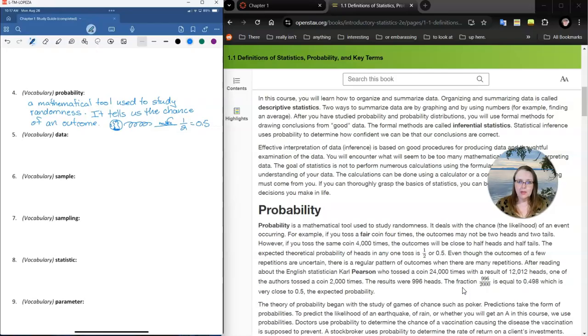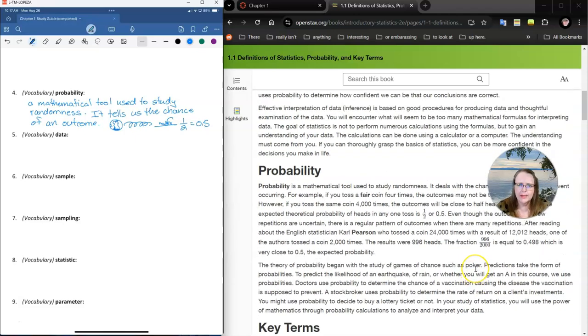Our book doesn't really say it, and I think it'll say more about it later on, but if something is never going to happen, the probability is 0. Like if I roll a 6-sided die, the probability that I roll a 7 is 0. I can't roll a 7 because the numbers 1 through 6 are there.